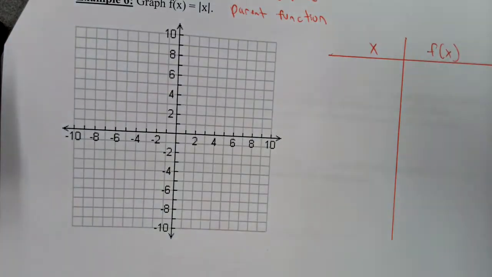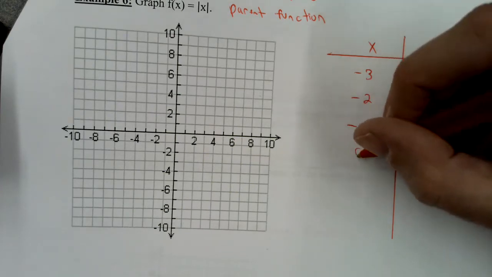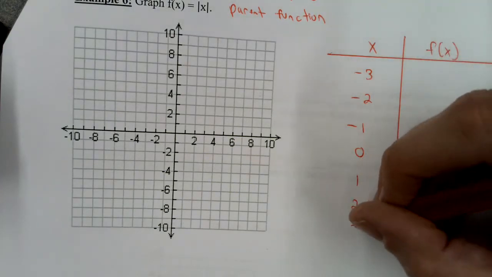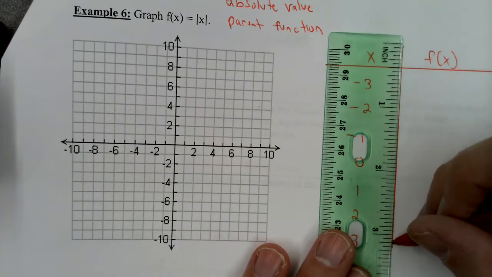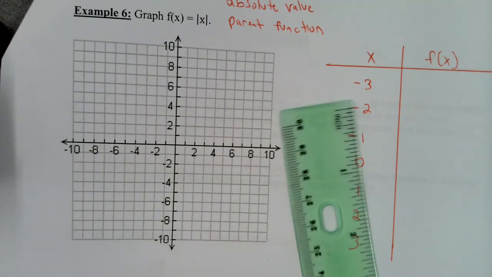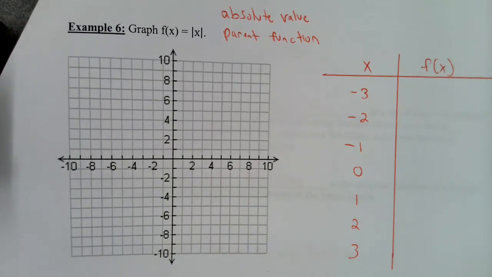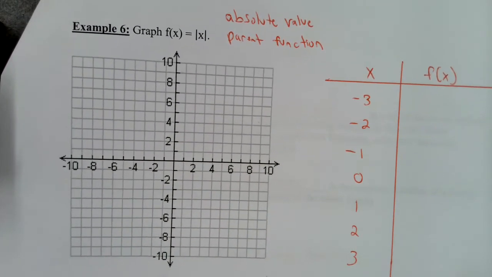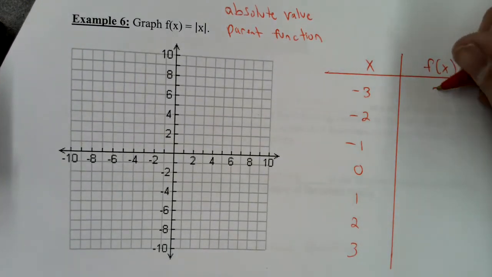So for the x's, I'm going to choose some negatives. I'll choose 0, and I'll choose some positives. So like this. Okay. The absolute value is how far away a number is from 0, and it's never negative. So if I said the absolute value of -3, that equals 3.